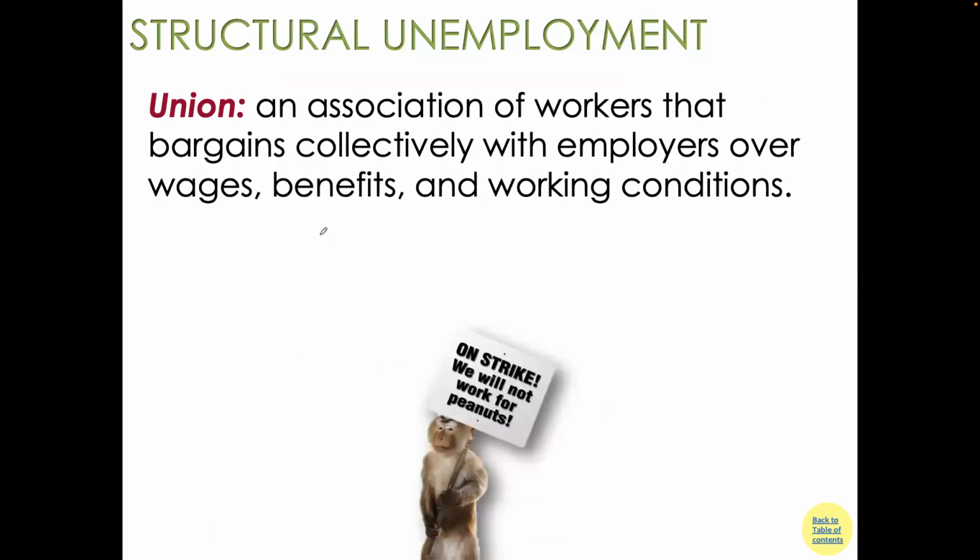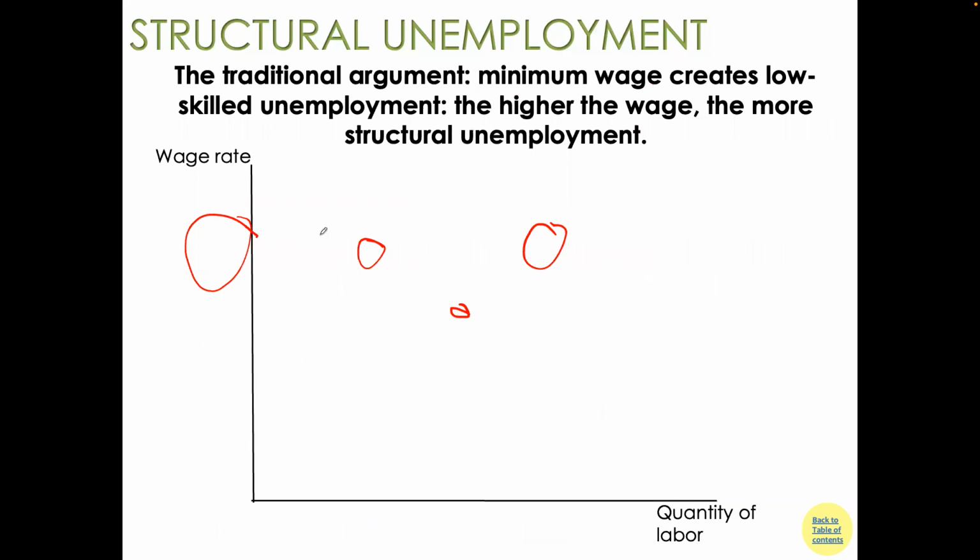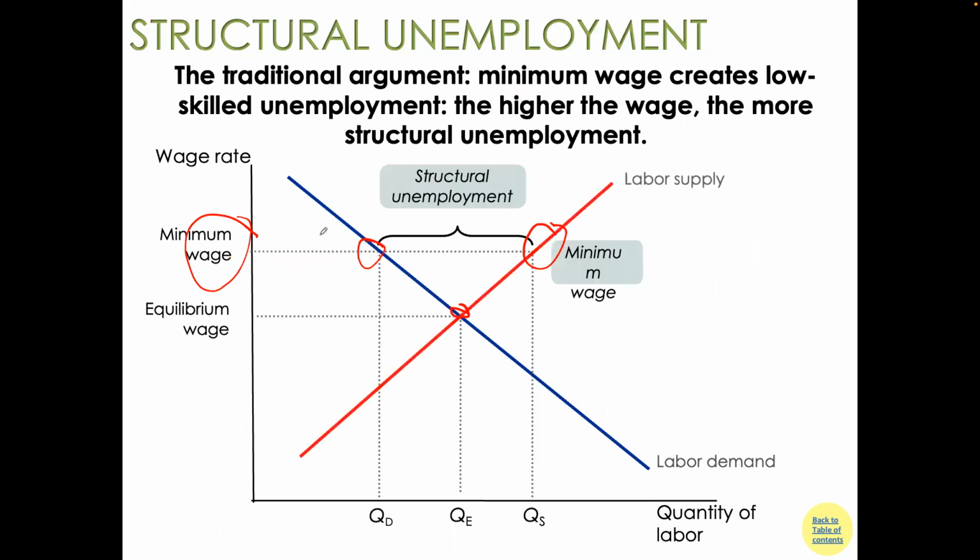Now, we have a third type of unemployment. What is this? Everything else, right? Because we have three categories, we understand the first two, and whatever is left, we classify as the third one.